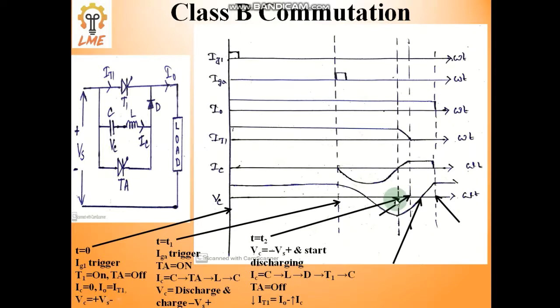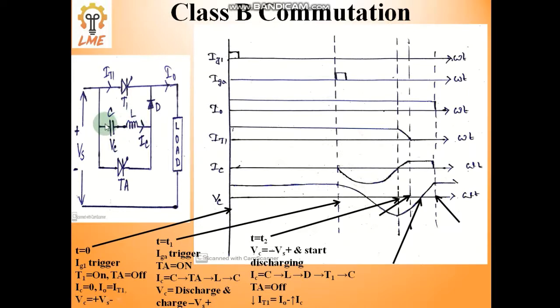Now the IC current discharges through C, L, D, T1 and again C. The capacitor tries to flow in this way because the switch T1 is in the on state, acting as a short circuit path, and the right side plate is positive and the left side plate is negative.